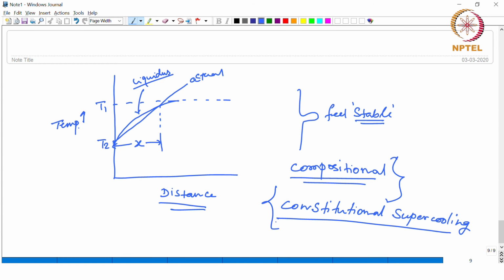And this is the driving force for the development of dendrites in alloys, unlike the pure metals, where the driving force was thermal supercooling.